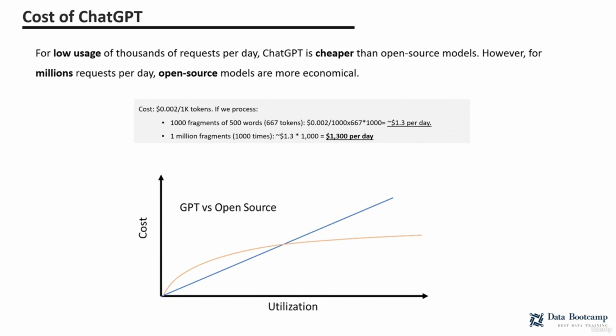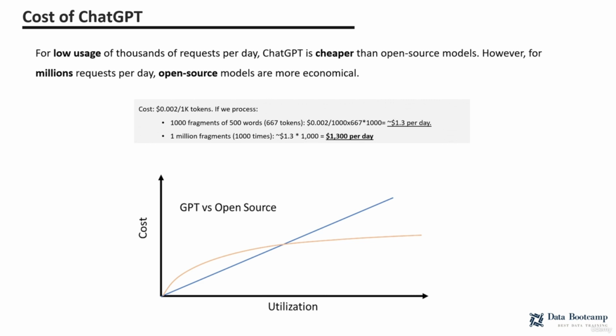At first glance, this may not seem like much, but what happens if we process 1 million documents like that every day? Let's remember that 1 million is not excessive, it is a normal usage scenario. In that case, the cost would be $1,300 per day because we would multiply the previous cost by 1,000, resulting in a daily usage cost of $1,300, which translates to approximately $500,000 per year.